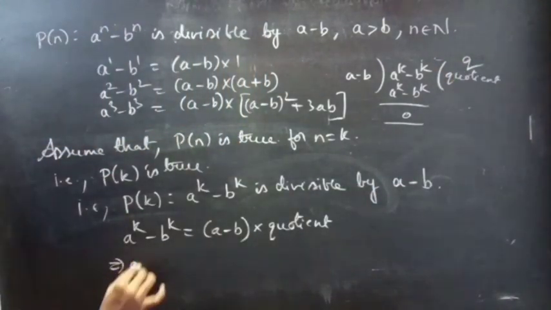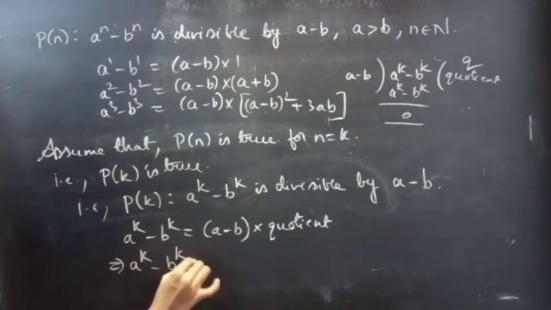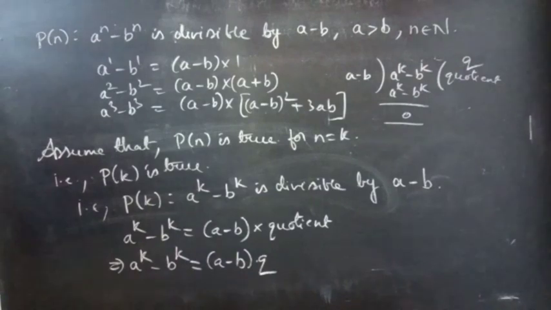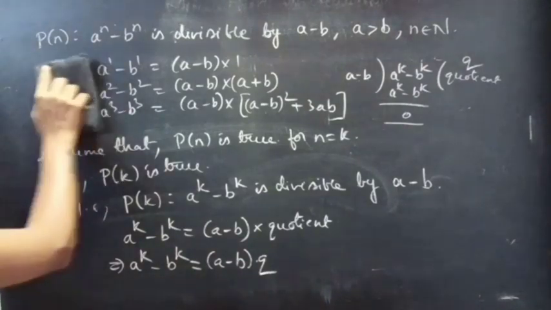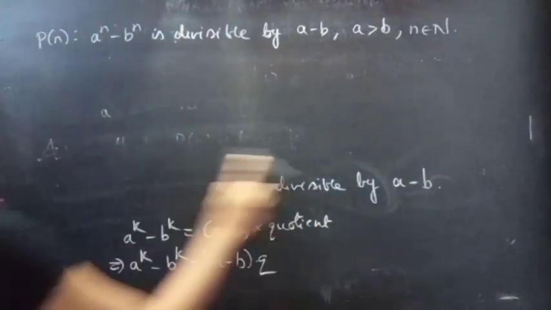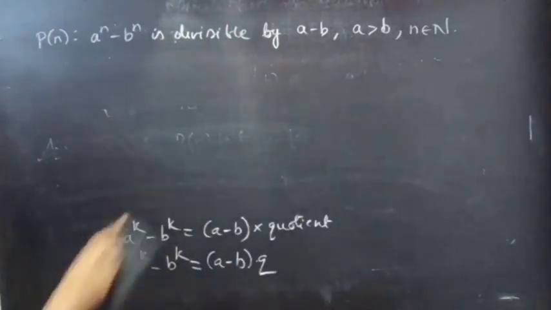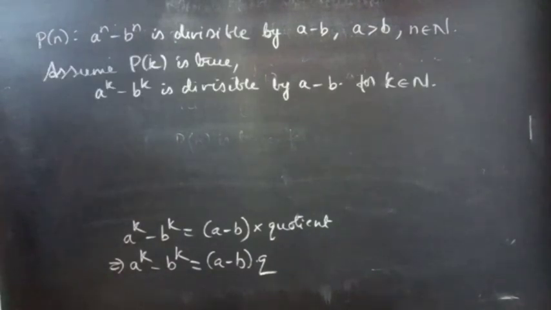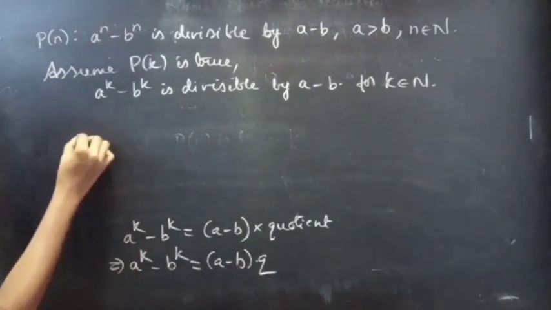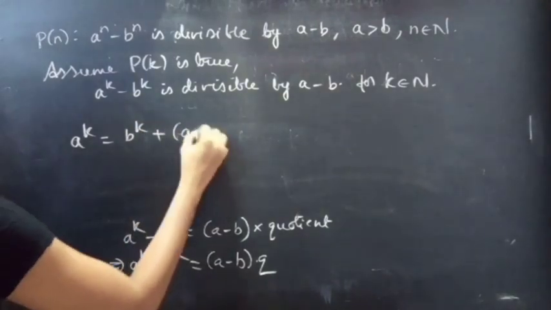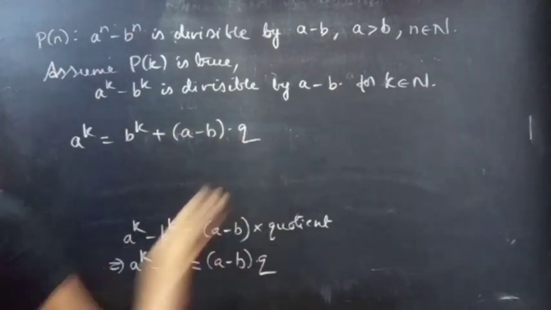Then aᵏ − bᵏ = (a − b)q, right? So here you can write, now take −bᵏ to RHS, you will get aᵏ = bᵏ + (a − b)q, right?